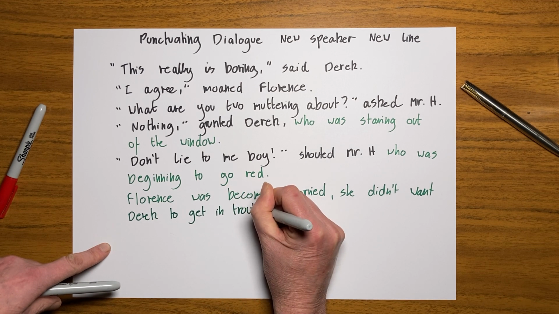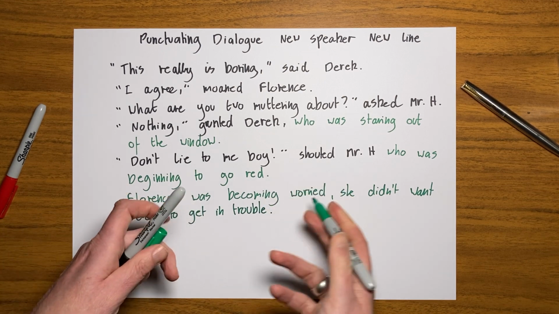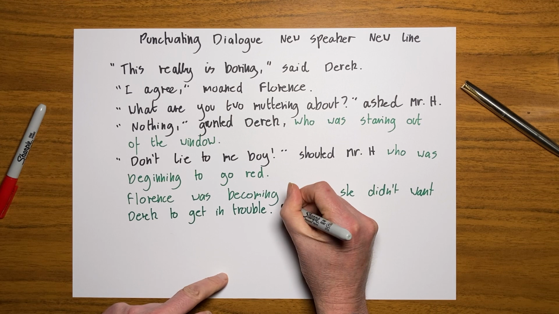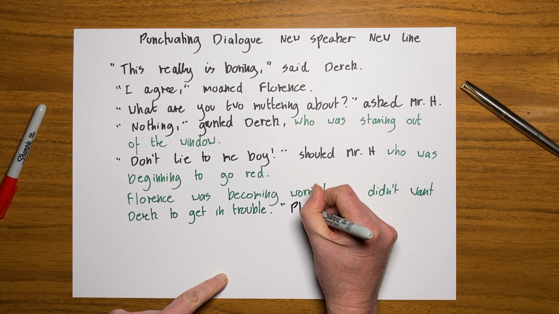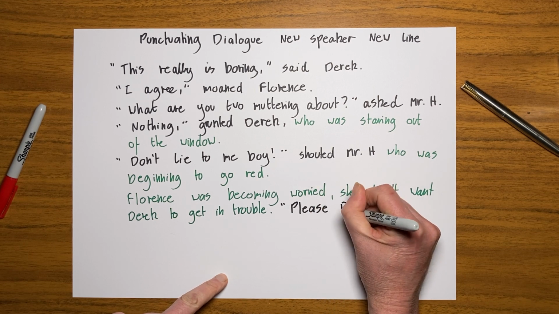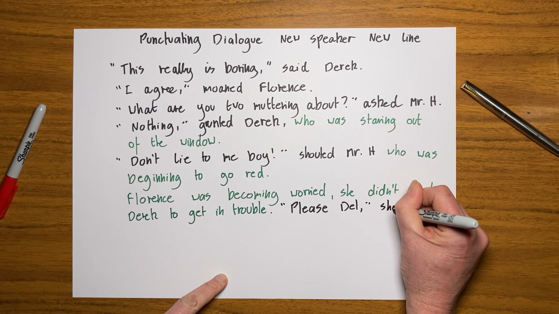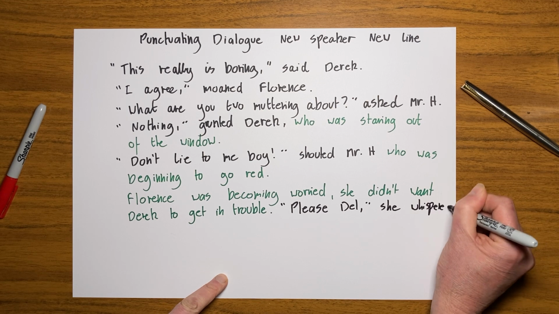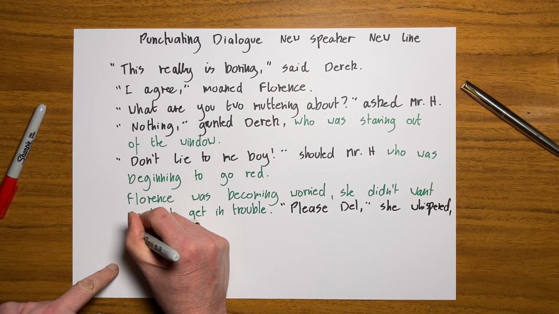Now, because this is writing about Florence, I can just continue here with my speech, on the same line. "Please, Derek," she whispered. Notice this comma here. She's going to carry on speaking.